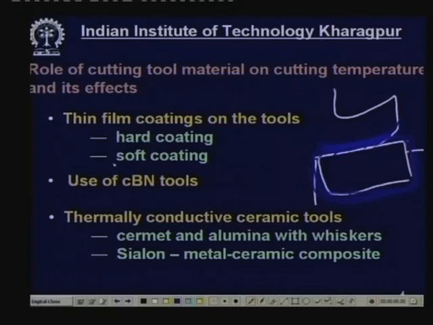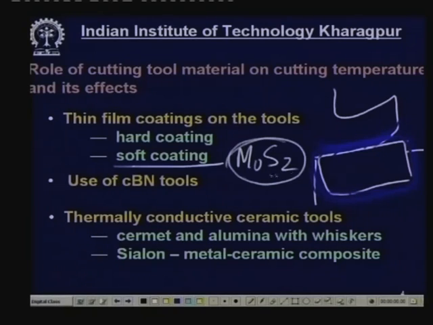And sometimes a soft coating can also be given, say molybdenum disulfide. This is a soft coating. When pasted on the tool surface, this acts very well as a solid lubricant, which helps reduce force and hence heat generation and temperatures.